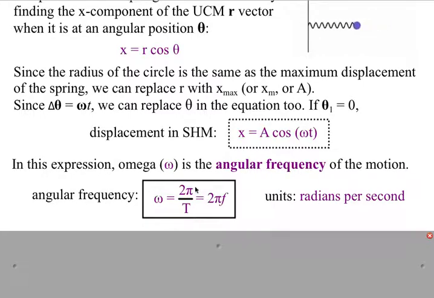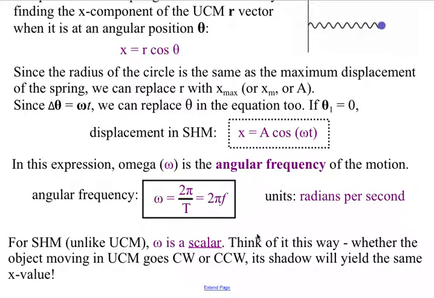The calculations will be done the same way as angular velocity, 2 pi over the period. The only real difference is that angular frequency is always positive; it's not a vector, it's a scalar. And one way to think of why that is, it's basically the shadow of the object in uniform circular motion, and so you can't tell from the shadow whether it's traveling clockwise or counterclockwise.